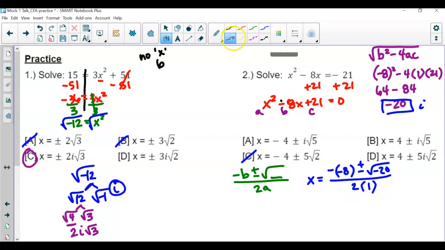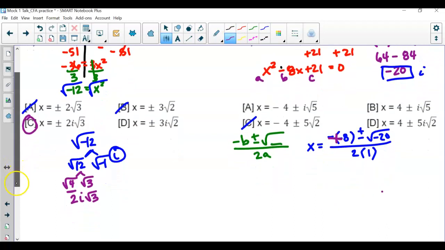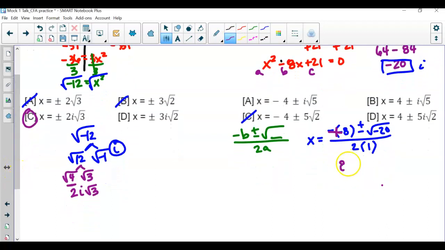Now notice as we're simplifying, we do have 2 negatives here, 2 negatives making a positive. So this here is now going to give us positive 8 plus or minus. Now see how we're taking the square root of negative 20. So now remember, we are going to need i because the square root of negative 1 is i. Then the square root of 20, well, here I could break that down to perfect square factor of 4 and 5.